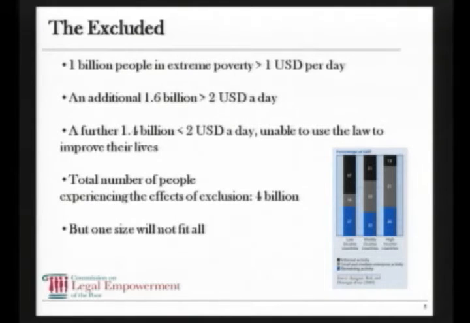When you go down to the least developed countries, $400 per capita income, the percentage of GDP rises to almost 50%. And the percentage of the population who are making their living in the informal sector is about 90%. So in India, for example, about 92% of the population is making its living in the informal sector.